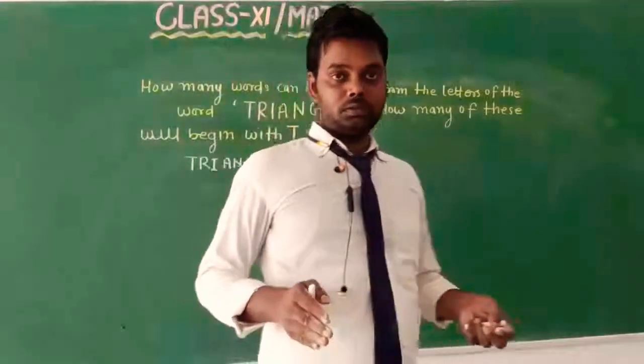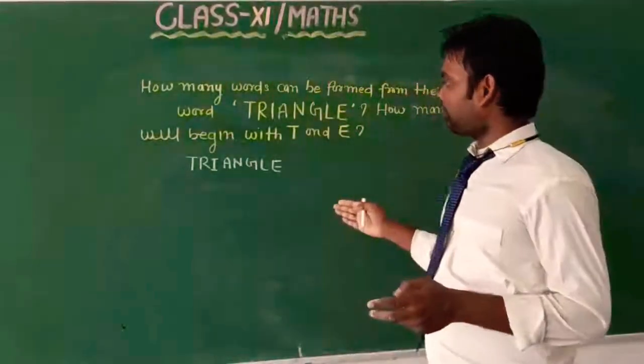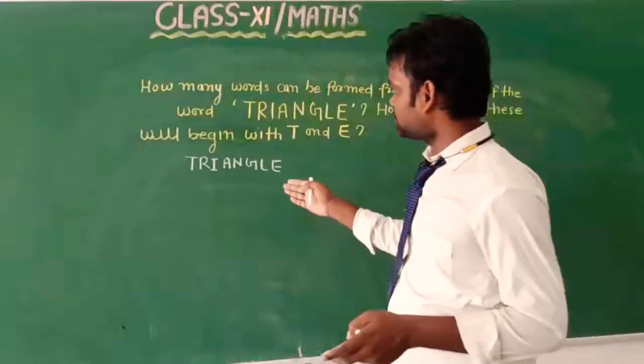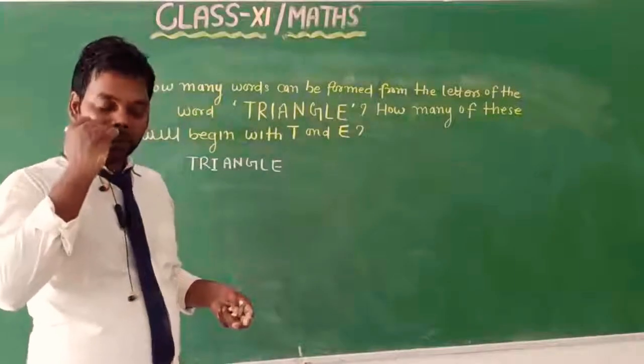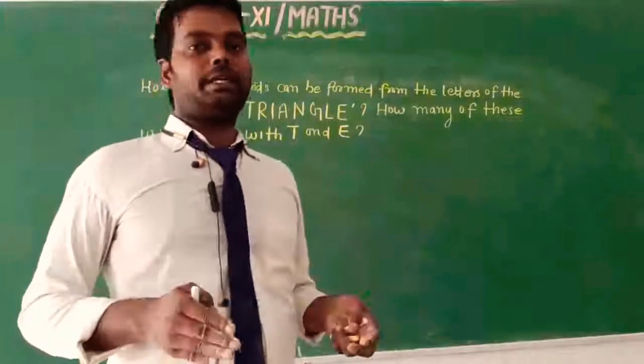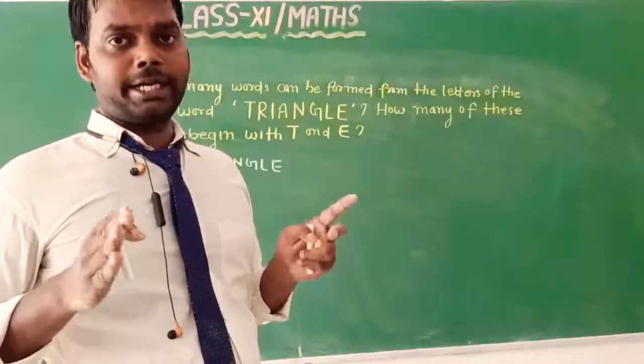Therefore the words formed by the 8 letters of triangle equal the arrangement of 8 letters taken all at a time.